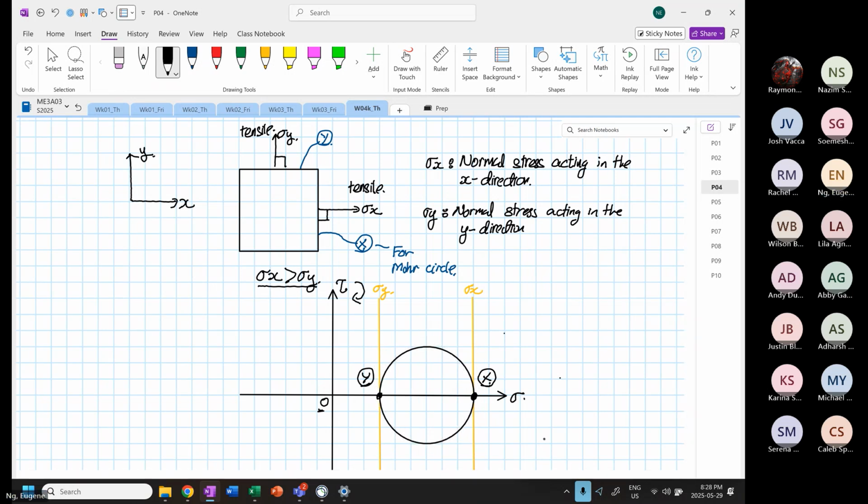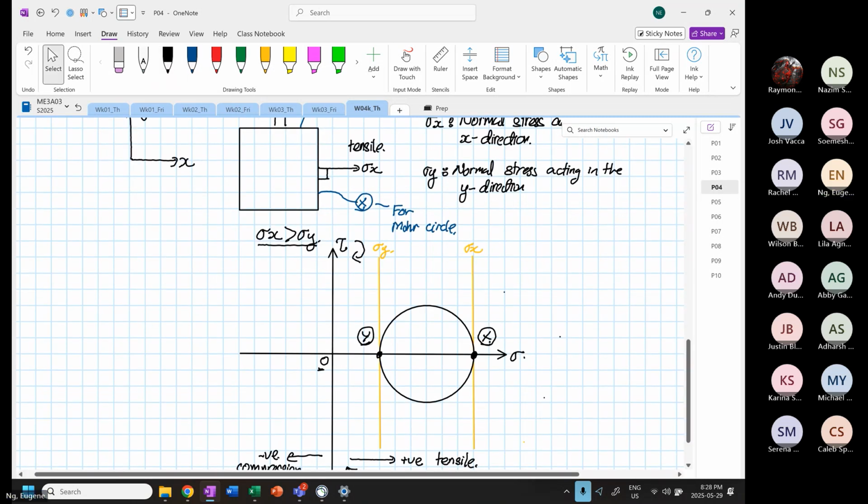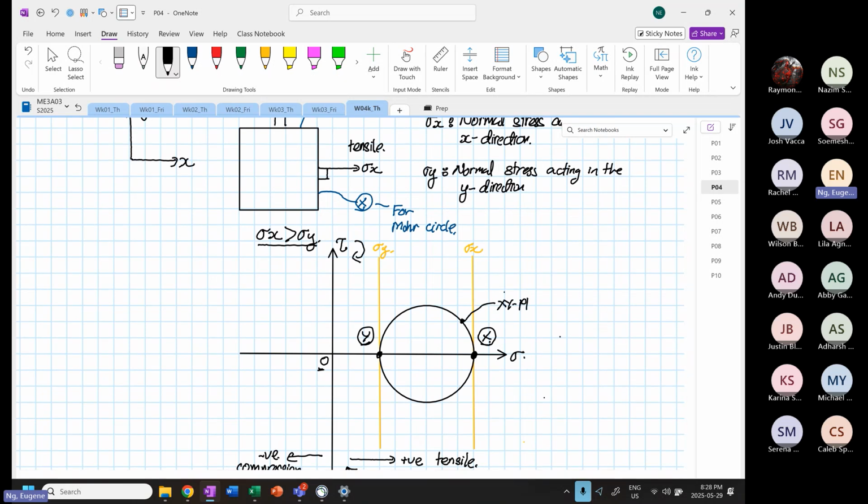Okay. So this circle over here is for the XY plane. Okay. And exactly at the center of the circle, you label this as point O.